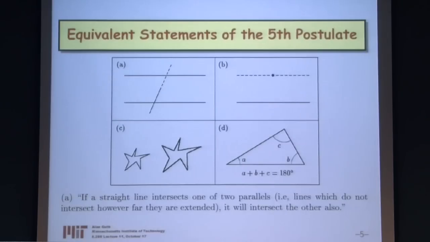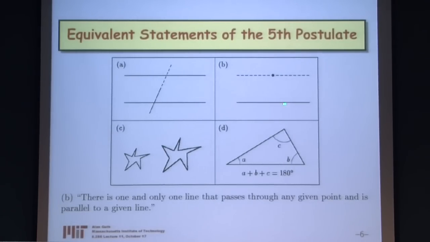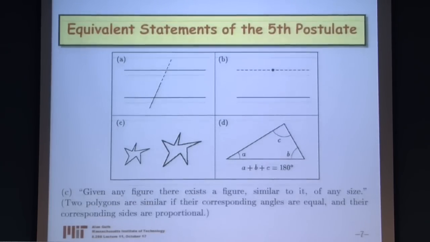We learned last time that there are four other ways, at least, of stating things that are equivalent to the fifth postulate, and they're diagrammed here. If a straight line intersects one of two parallel lines, it will also intersect the other. If one has a straight line and another point, there's one and only one line through that point parallel to the original line.